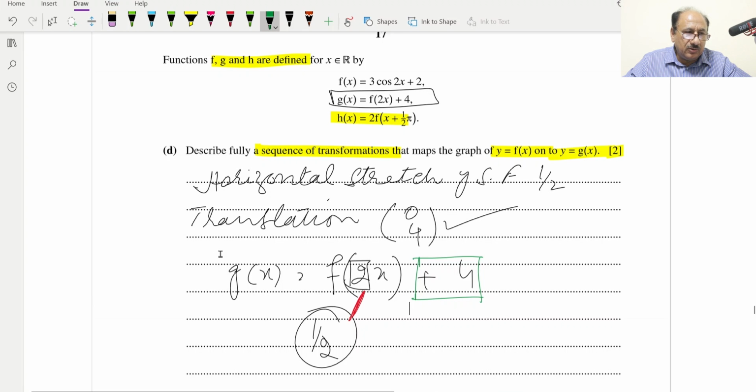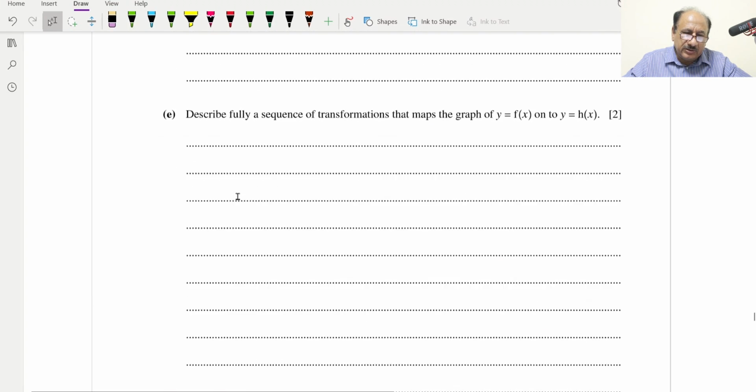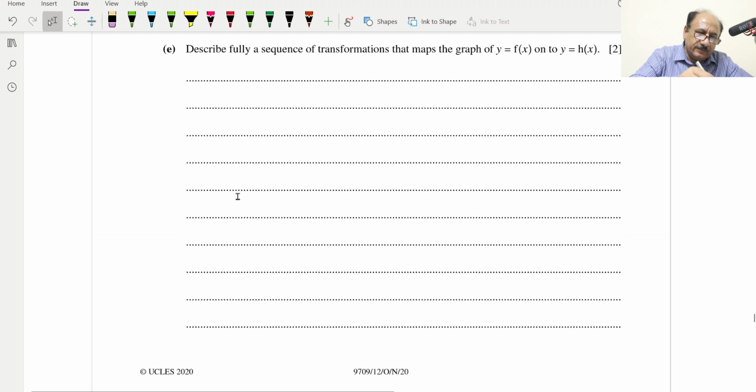So this is done. Now E part, describe fully the sequence of transformation that maps graph y is equal to f of x onto y is equal to h of x.